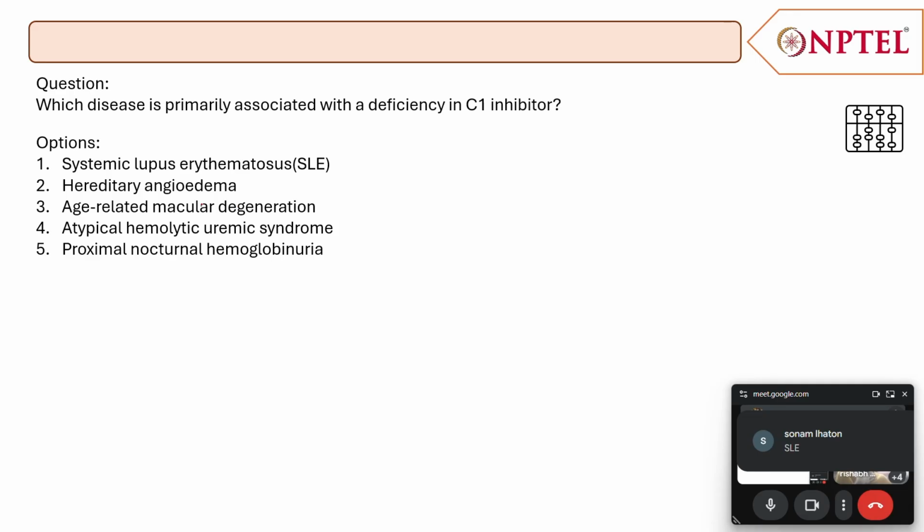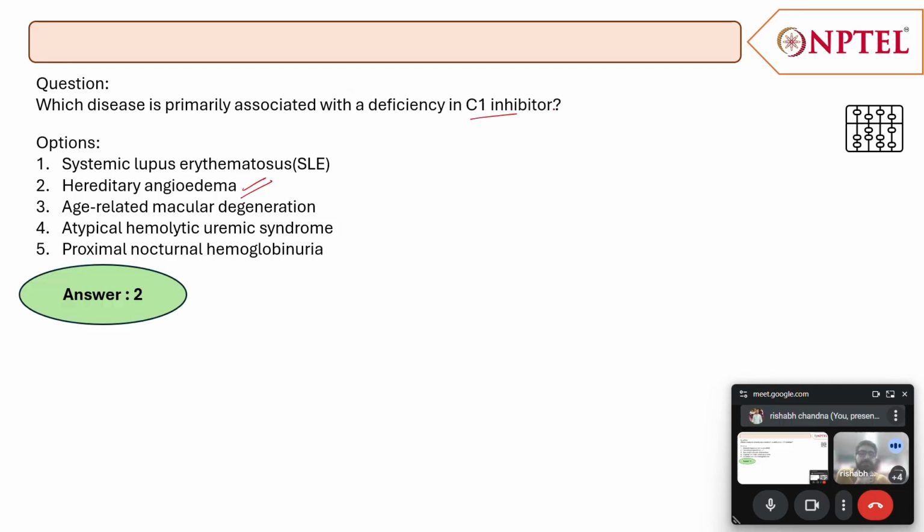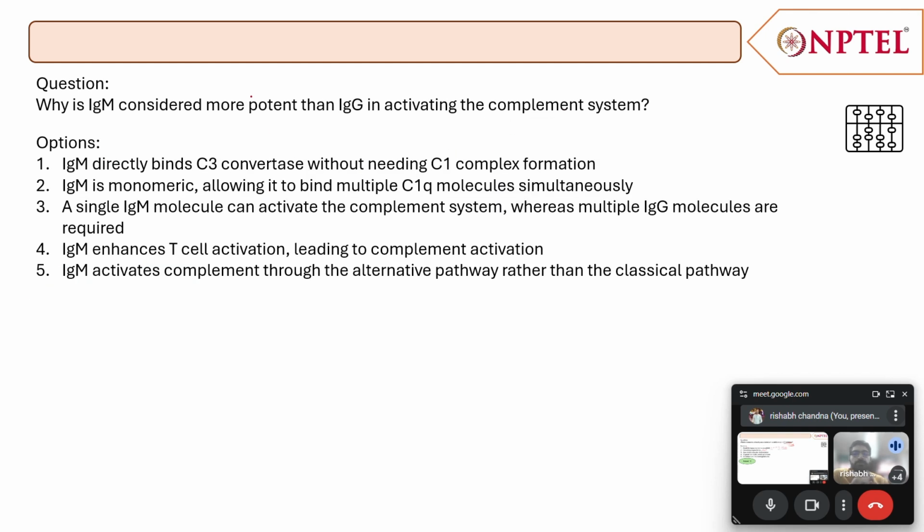This is hereditary angioedema. The deficiency of C1 inhibitor, that is C1-INH, leads to hereditary angioedema, but not SLE. Okay. So deficiency of C1, C4, C2 leads to SLE, that is systemic lupus erythematosus. Okay. So let's move on to the next question.